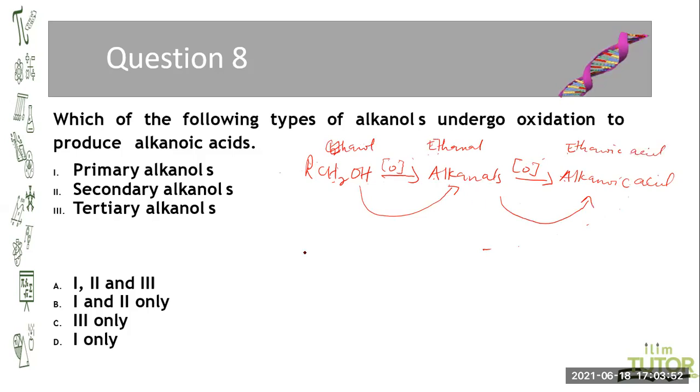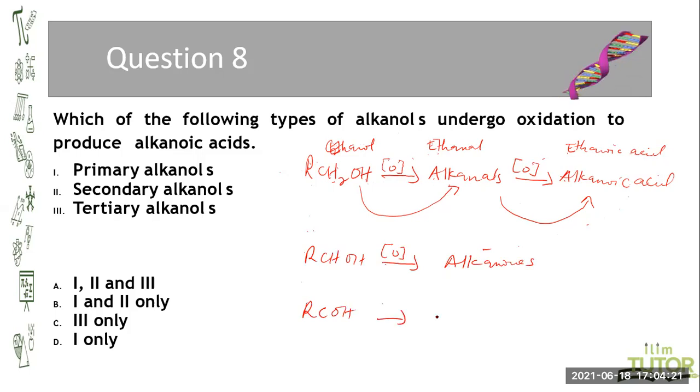For secondary, however, if I have RCHOHR, this can only be oxidized to alkanones. So if I have a secondary alkanol, I'm going to oxidize it to alkanones. While for tertiary alkanol, this cannot undergo oxidation.